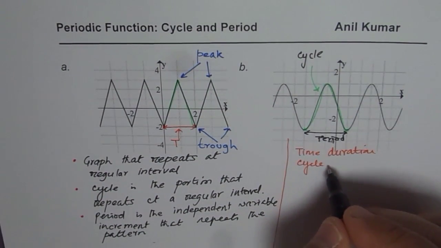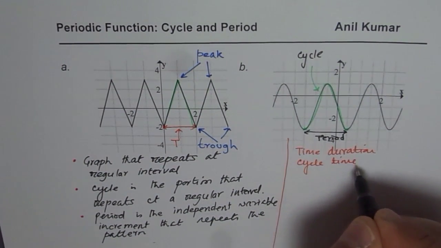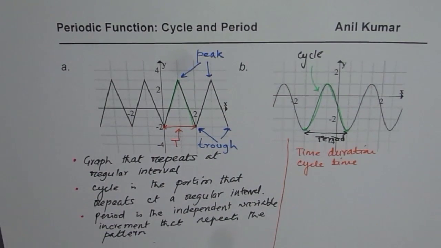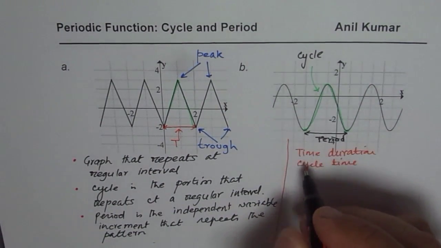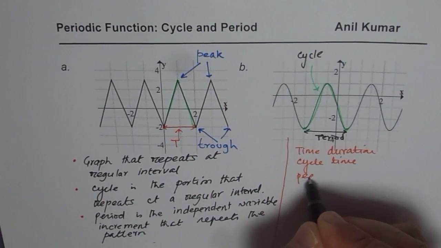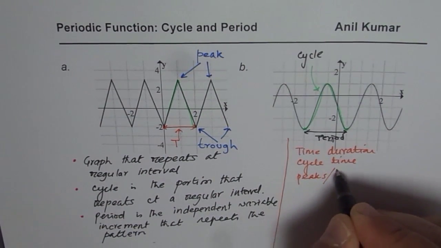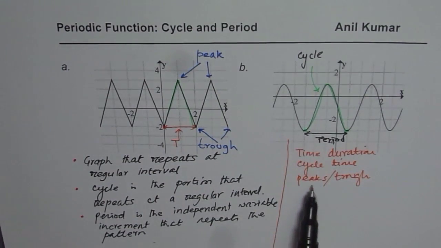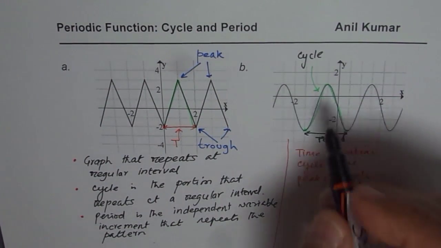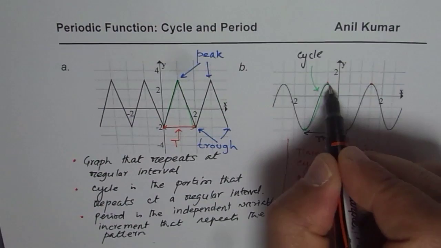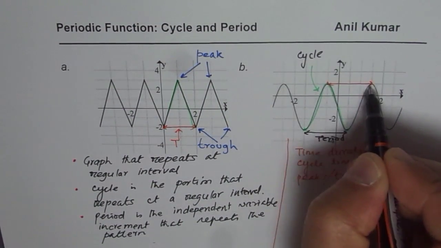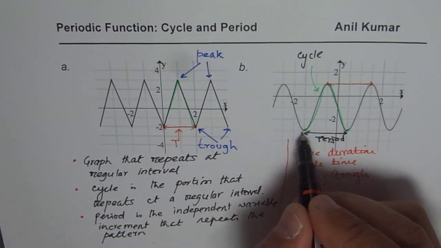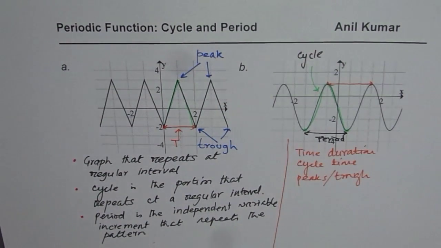Time for one full cycle, right? So how to find time duration in relation with peaks and troughs, right? So that is how we are going to explore this. So you'll find that if I check time duration between two peaks, I get one cycle. Do you see that? Or even between two troughs, I get one cycle. So that is how it could be figured out.